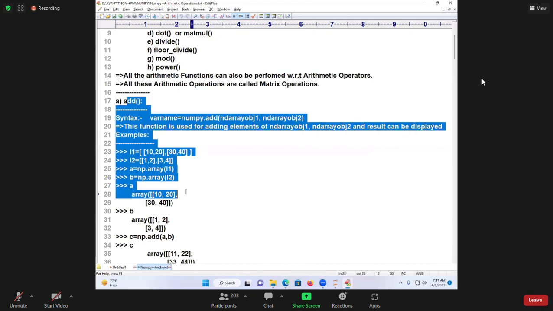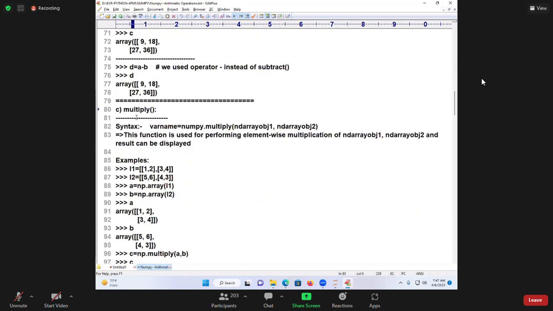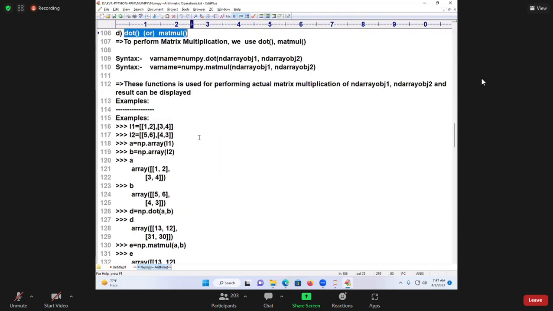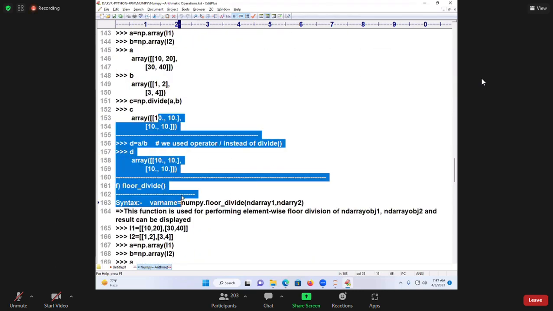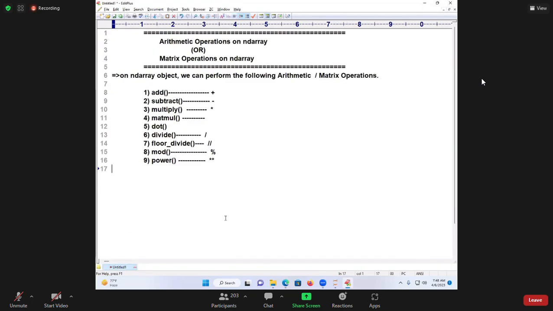Add function description, subtract function description, multiply function description, dot, matmul description. Everything is given in our notes. I hope you are downloading the notes. Notes are very important. Go through the notes.